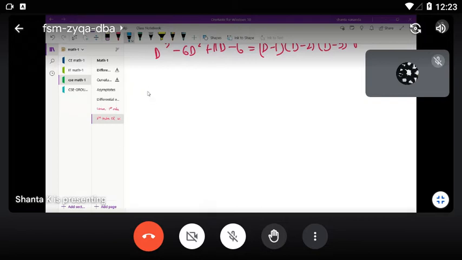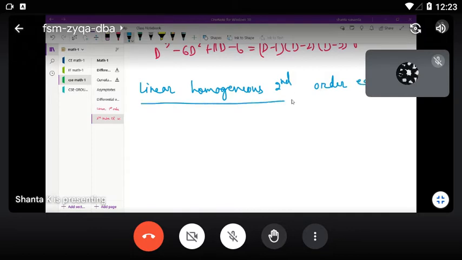Linear homogeneous second order equation.